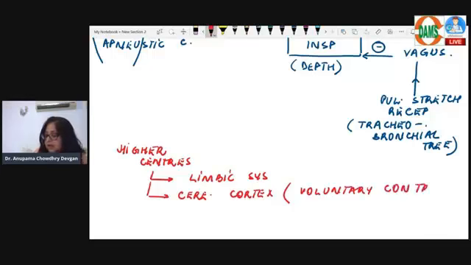So these are the 3 major areas: the medulla, the pons, and the higher centers.